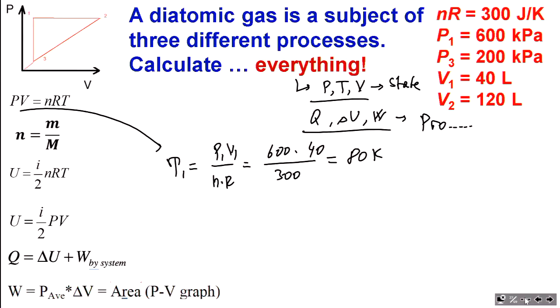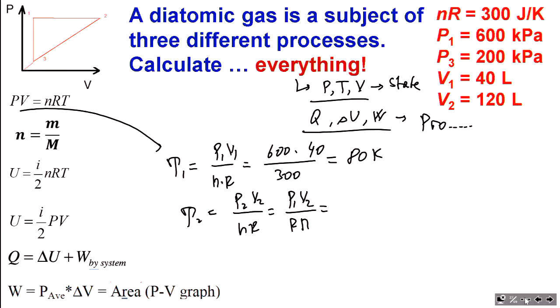Now, T2 should be equal to P2 V2 over NR. If we look at the list of pressure, P2 is not given, but if we look at the graph, it has to be equal to P1 because that line represents the isobaric process, sorry.